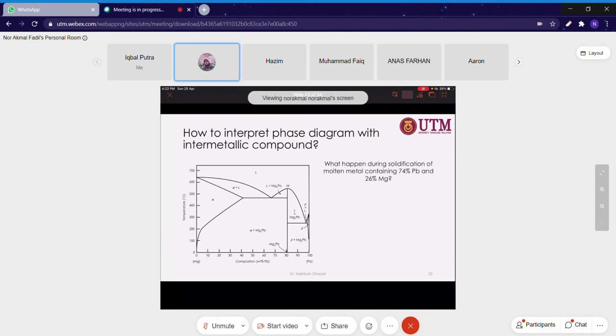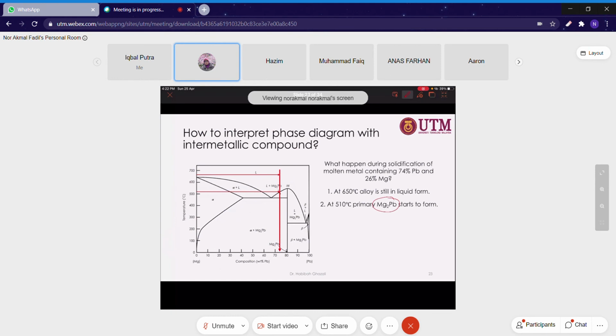So what happens during solidification of molten material containing 74% plumbum? This is how you explain the solidification process. First it is in liquid form, and then at 510 primary magnesium 2 plumbum forms. Why?